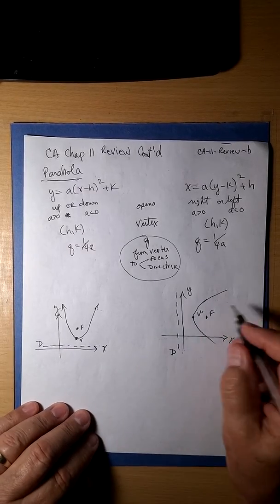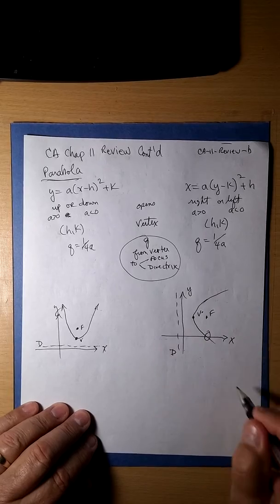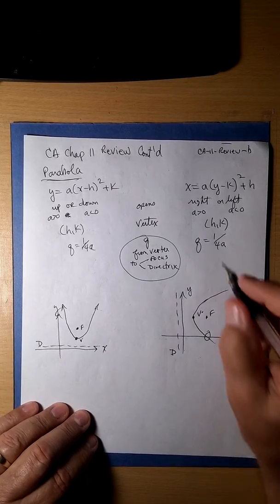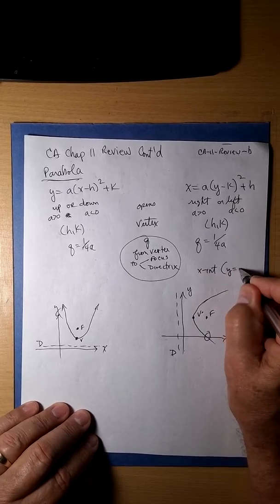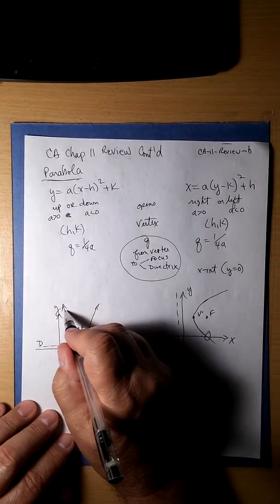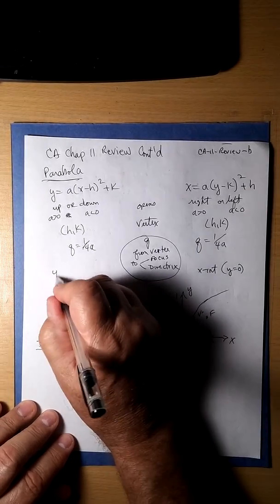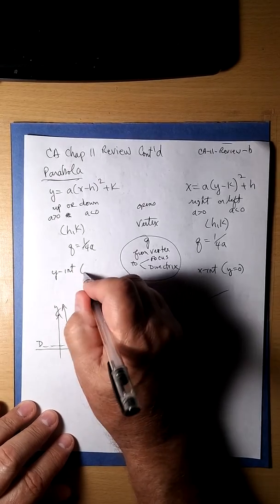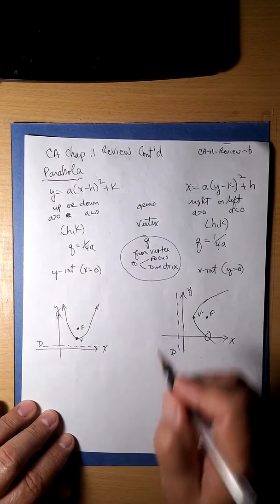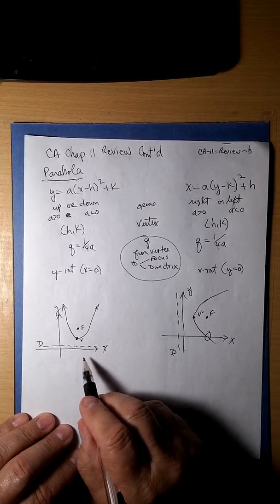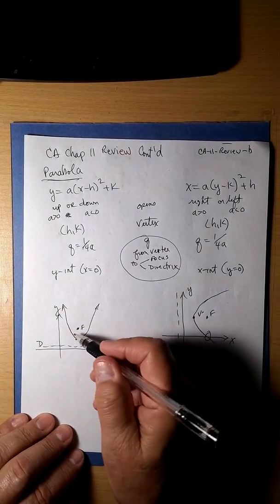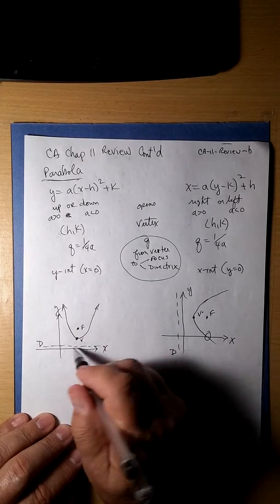So, this one has always an x-intercept. That's when y equals 0. This one will have, way up here maybe, a y-intercept. That's when x equals 0. It could have x-intercepts here, but if it's opening up and the graph is above the x-axis, it won't.